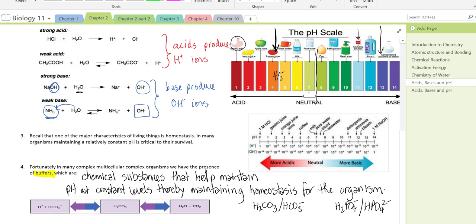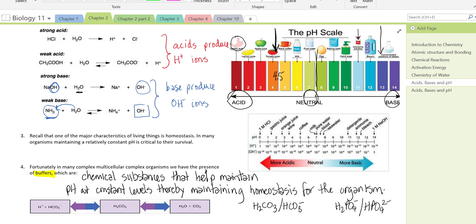And it works a little bit backwards. The lower the number, the more acidic, right? So the lower the pH, the more acidic. At around 7, we have what we call neutral, so the solution's neither acidic nor basic. And as we go up from 7 to 14, we get materials or chemicals that are more basic.